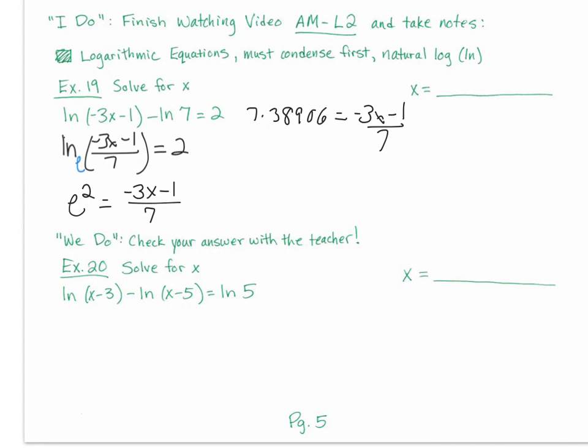Then, of course, to get rid of the fraction, I'm going to need to multiply both sides by 7, so I get somewhere around 51.72339-ish. And that is the approximation for negative 3x. And then divide by negative 3 is going to give us our final answer for x, which is negative 17.2411.